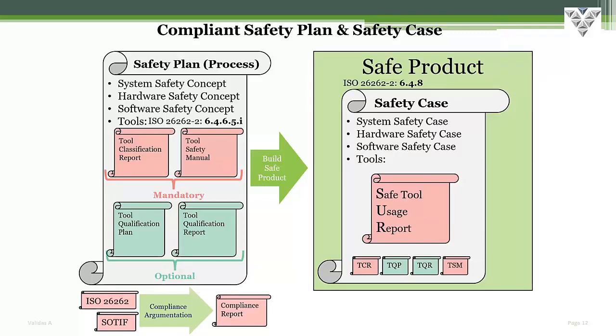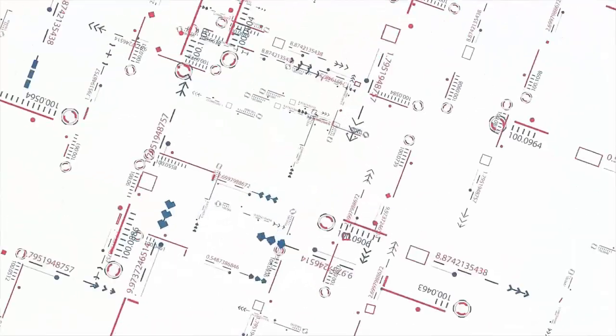And the outcome of this is a safe tool usage report. And essentially, that's the holy grail that Oscar is going to talk to you about, because the tool safety manual contains many mitigations for all potential errors. And Oscar will tell you why in a couple of minutes.